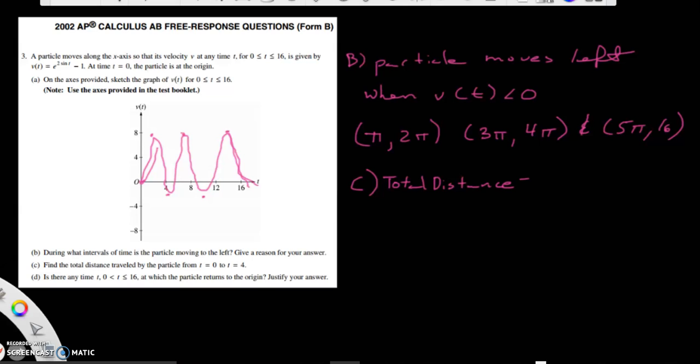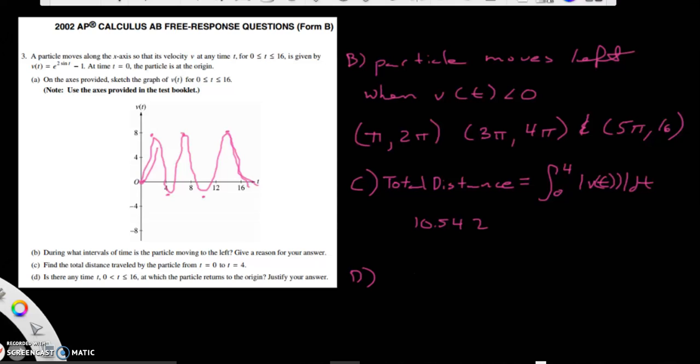So total distance is going to equal the integral from 0 to, what does it want, 0 to 4, of the absolute value of v(t) dt. Okay, and when you use your calculator, you should get about 10.542.